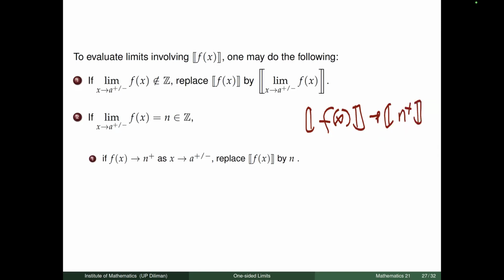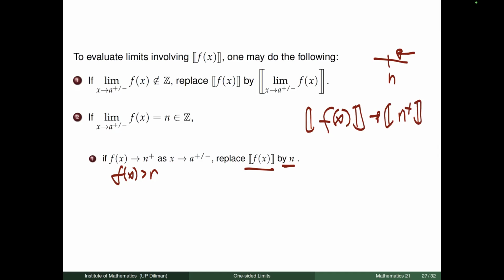So ano ba yung from the right? So ito si n approaching from the right. So ibig sabihin, yung n mo is the greatest integer less than f of x. Kasi f of x here will be greater than n. So, you just replace f of x by n. Kasi diba, ang mangyayari ay titake niya yung integer na less than it. The largest integer less than the value. Okay? So, this is just n.